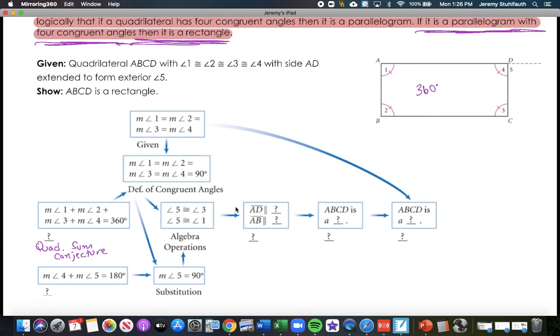Okay, and then what this leads to, with us having this definition of congruent angles, is that we can say angle 5 is congruent to angle 3, and we can say angle 5 is congruent to angle 1. That's just basic substitution of algebraic operations. And what we know is the measurement of angle 4 plus the measurement of angle 5 is 180 degrees, and that is the linear pair conjecture.